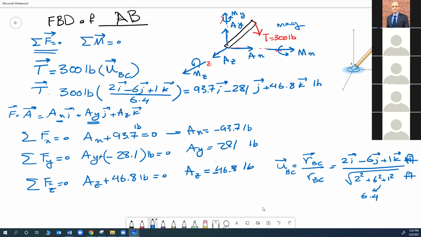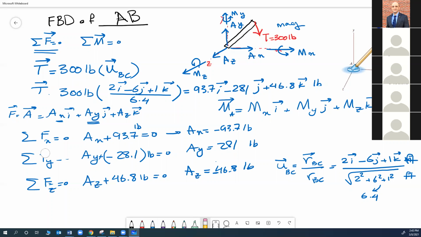I can write the same thing for moments. Remember, the unknown moment at point A, I have MXI, MYJ, MZK. I just put these three together, same as when I put AX, AY, AZ together, just for my own clarification, and I have better tracking of them.